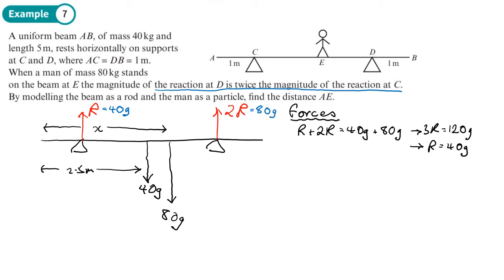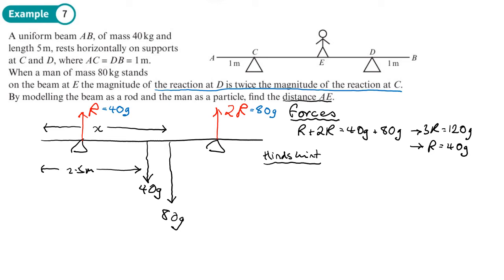Right, so just like before, we need to pick a pivot point. Now here's a hint, my little Heinz hint. Now it says find the distance AE.